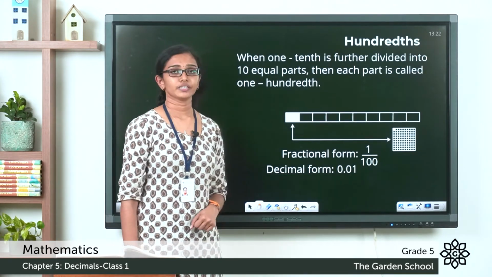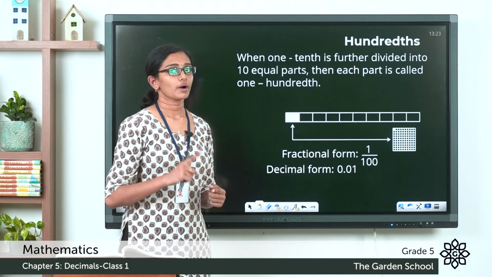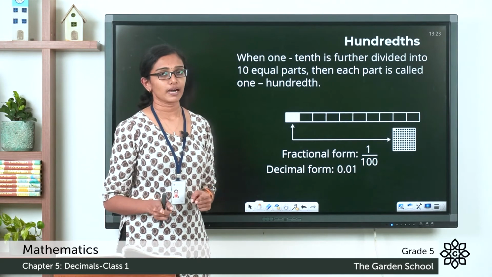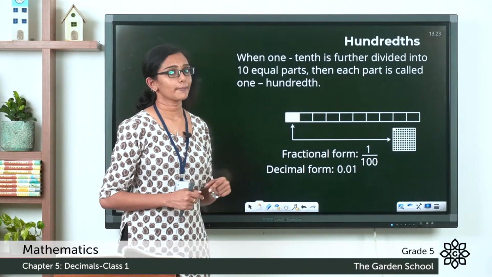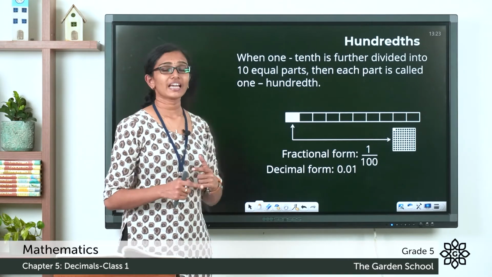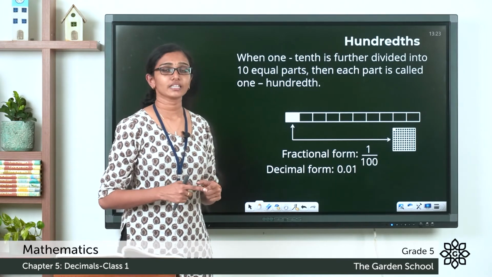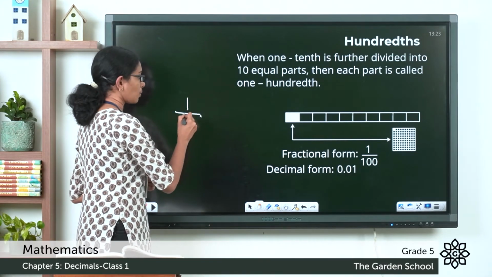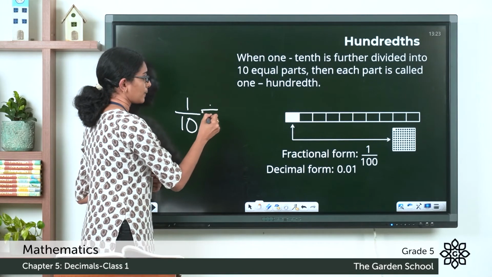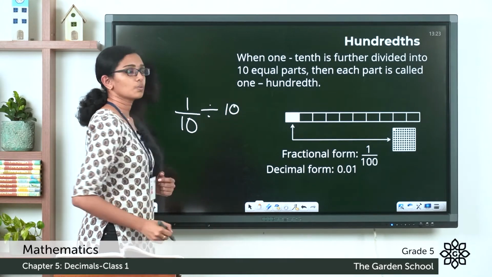Now what about hundredths? Earlier we saw 1 was divided into 10 equal parts and that each part is called 1/10 or 1 by 10. Now what if we again divide this 1/10 into 10 equal parts? We are dividing 1 by 10 again by 10. What do we get?